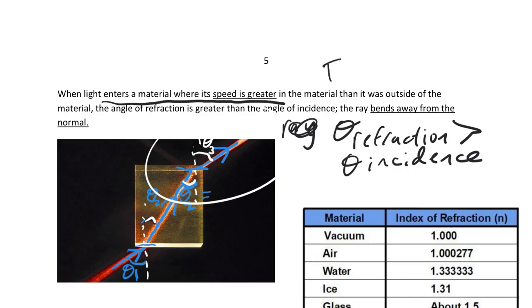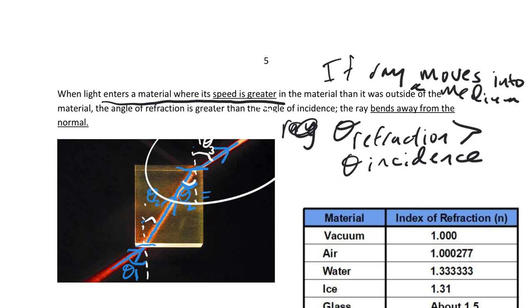So if it moves into a medium where it's going to be moving faster, the angle of refraction will be greater than the angle of incidence.